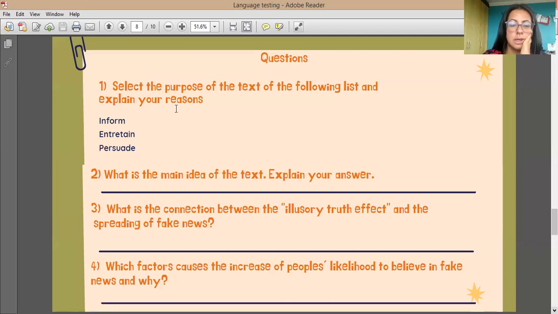So the questions are: first, select the purpose of the text from the following list and explain your reasons. So we have the 3 purposes, so the student has to select which one and also explain why. Second question, what is the main idea of the text? Explain your answer. Third question, what is the connection between the illusory truth effect and the spreading of fake news?